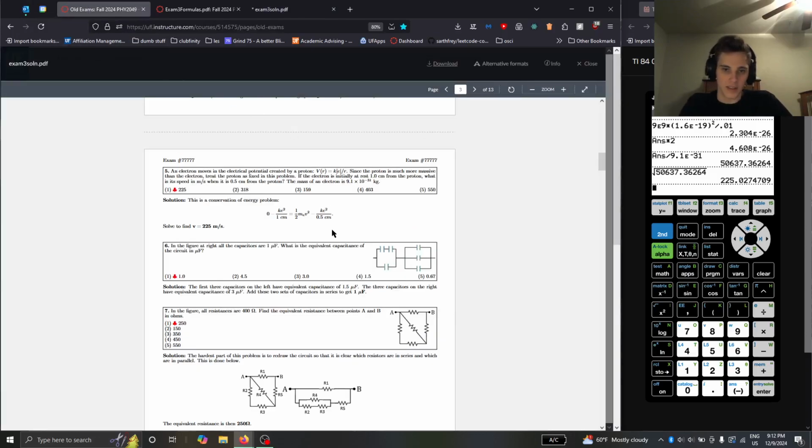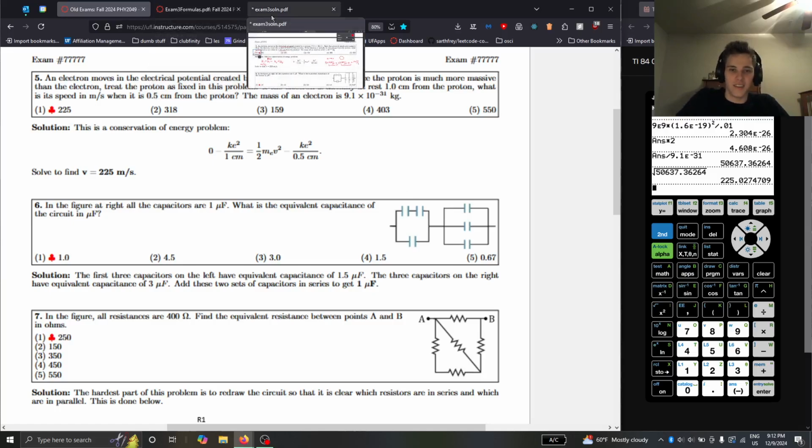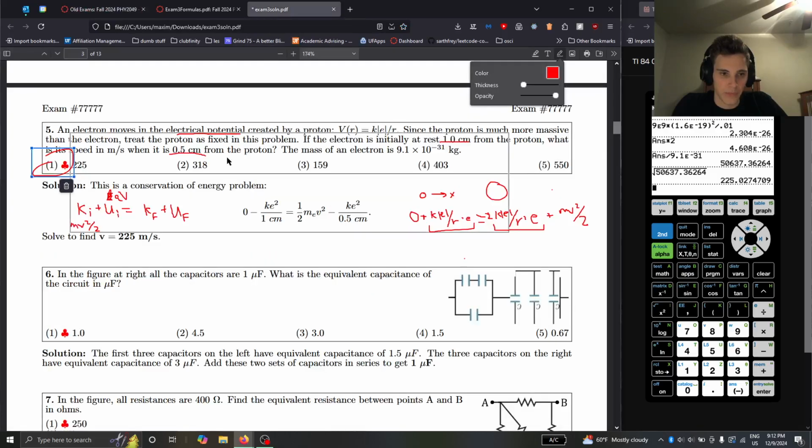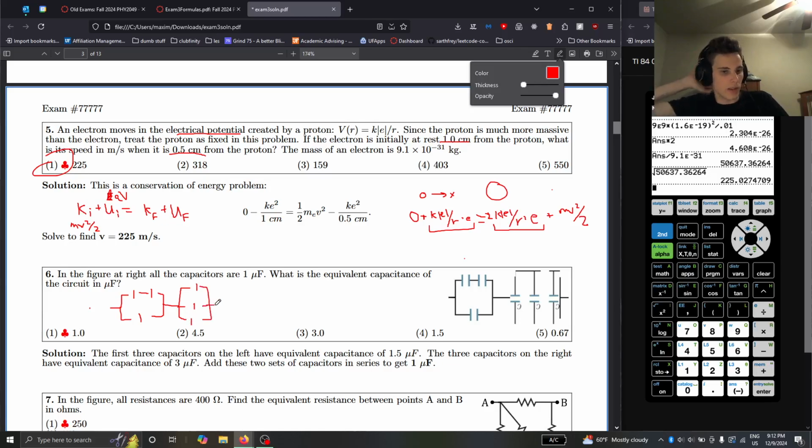We can look at the actual question here. They're just meant to be in parallel there. So let's draw it out real quick. So we have 1, 1, 1, and then again, these are just meant to all be in line like so. 1, 1, 1. So the capacitors, when they're in series like this, that's when they do the inverse addition, and when they're in parallel like this, they just add up.